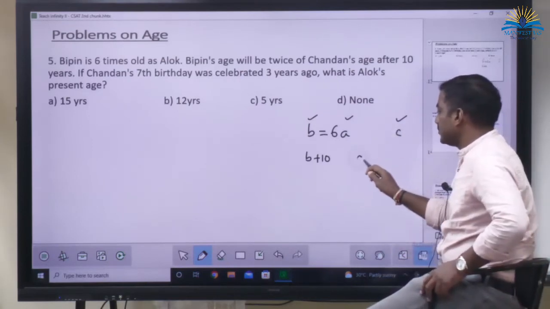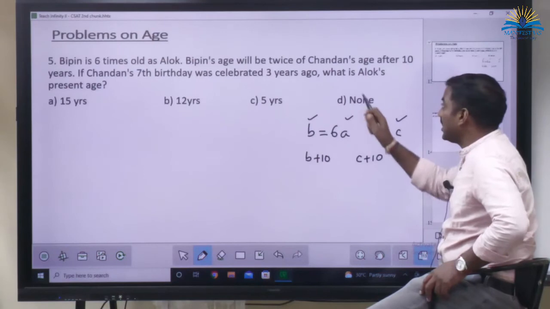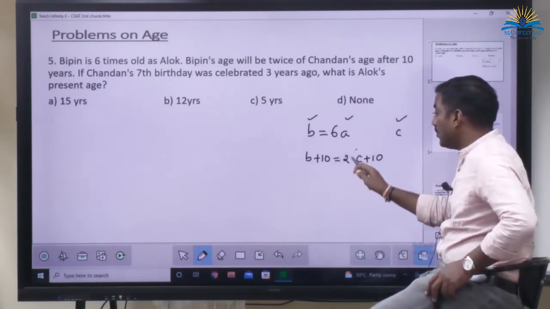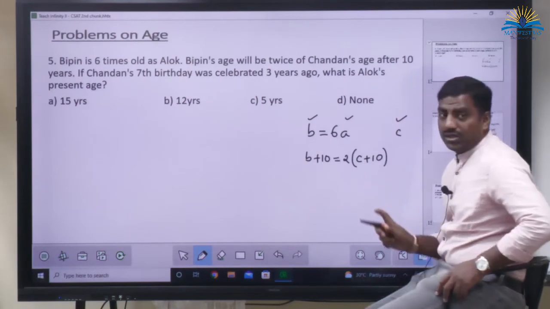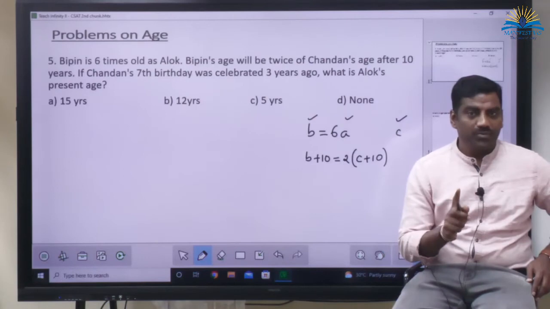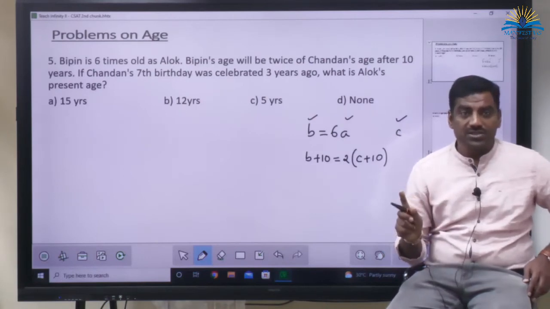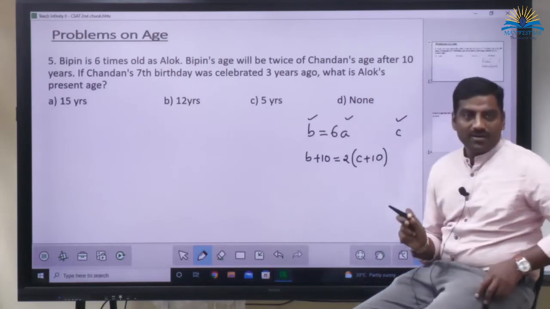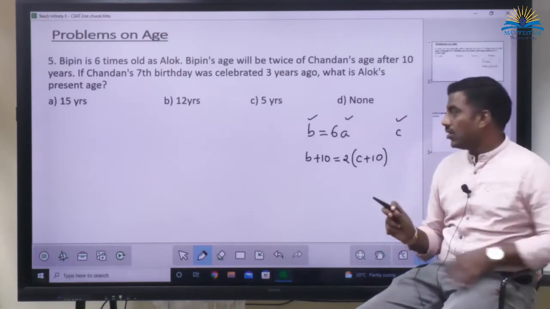C plus 10. But they are telling Bipin's age will be twice. Put a bracket, very important. Putting the bracket and solving it is very important in these questions. Otherwise, we generally write 2C plus 10. That will be wrong. Okay?